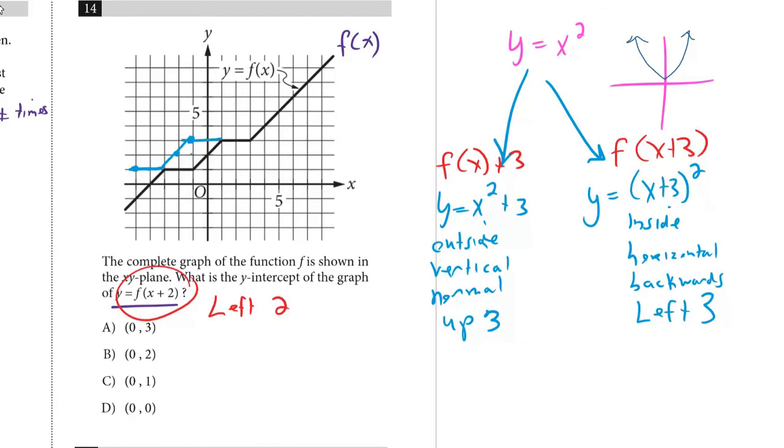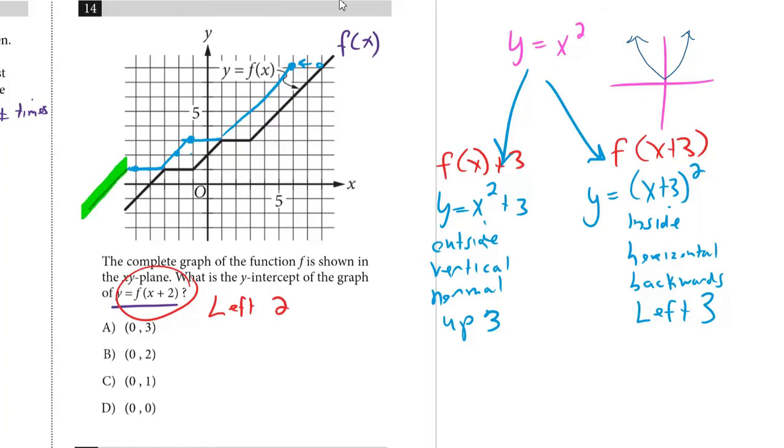And maybe drawing this as a reference point, just going left from here, left 2. And it's going to go up this way. So that's what f of x plus 2 looks like. It's this entire graph all shifted over by 2.